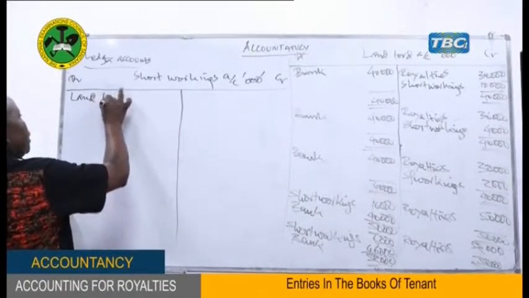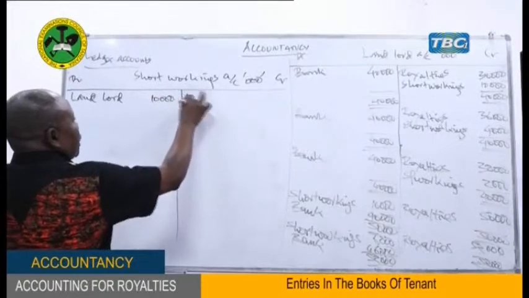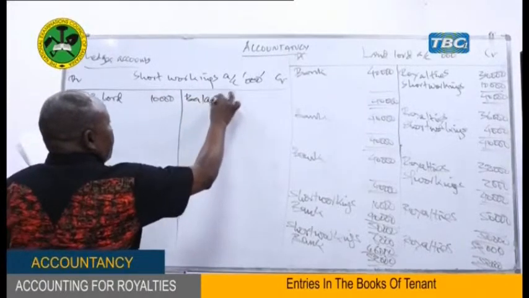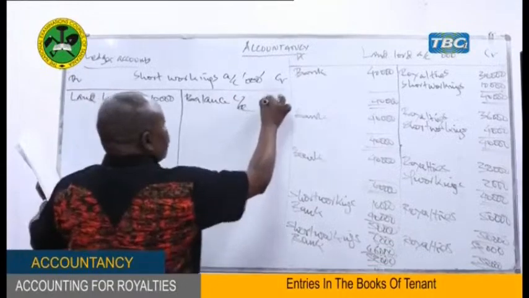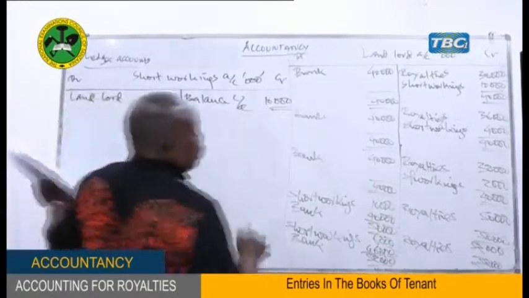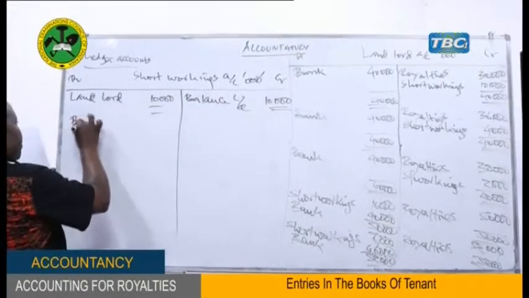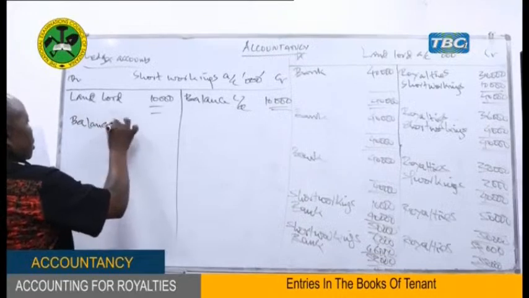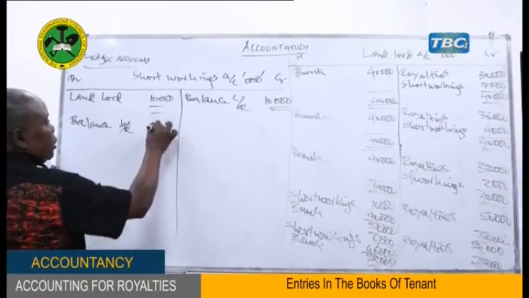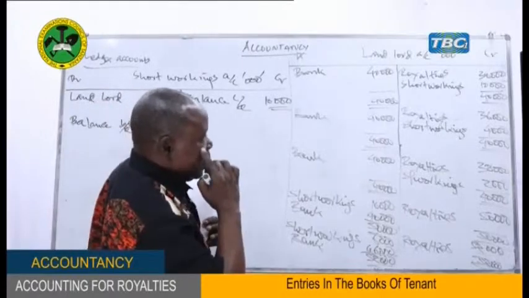So landlord, it's 10. Balance carried down, it's 10,000. Another year, we start with the balance brought down.